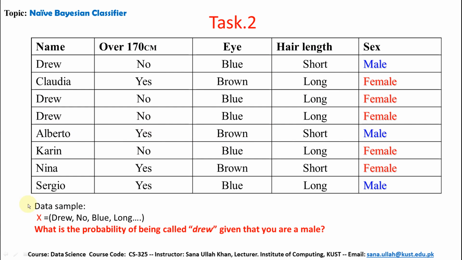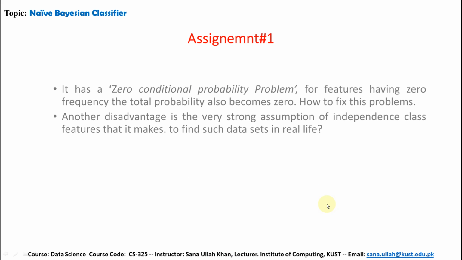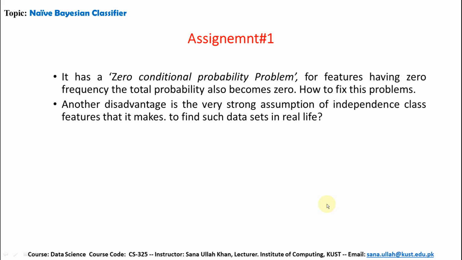The data sample is: name is Drew, over 170 centimeters no, eye is blue, hair length is long. So what is the probability that Drew is a male or female? What is the probability of being called Drew given that you are a male? So this is a little bit of a case study assignment.